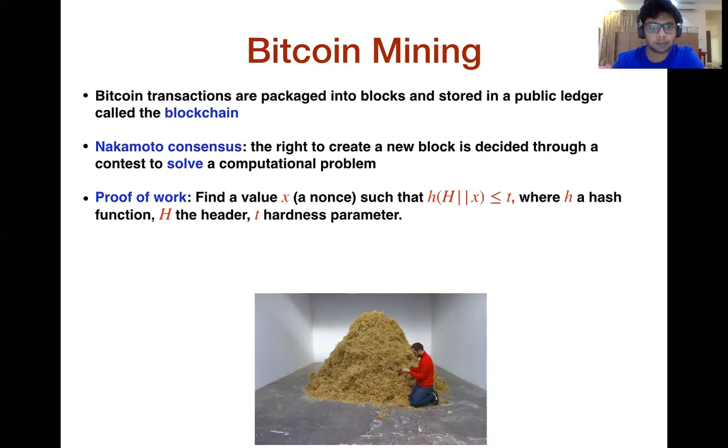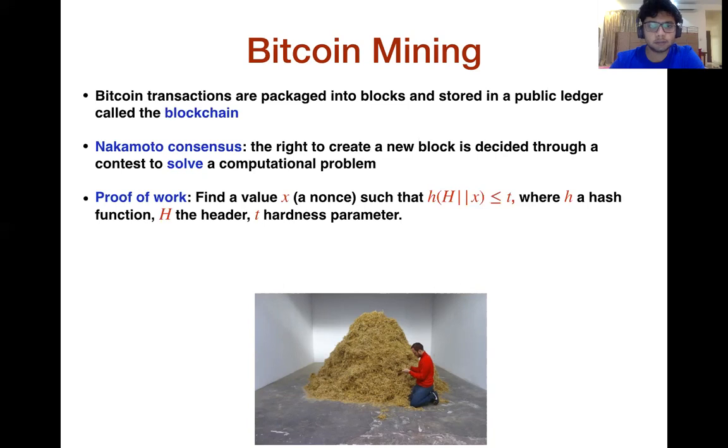Suppose capital H is the header of the block that the miner is trying to add to the blockchain. Then he or she concatenates this value X, also known as nonce, to this header H, and then takes a hash value. This H is a prefixed hash function, and then sees if this value is smaller than some parameter t.